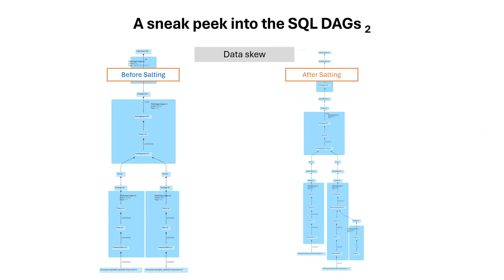Here are a couple of SQL DAGs for data skew scenarios. In my view, these two DAGs that you see on the screen are only moderately complex. Real-world Spark applications can obviously generate DAGs that are much more complex than these. And that is not really the point of this series.